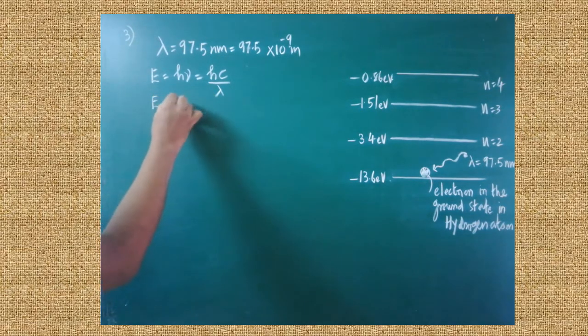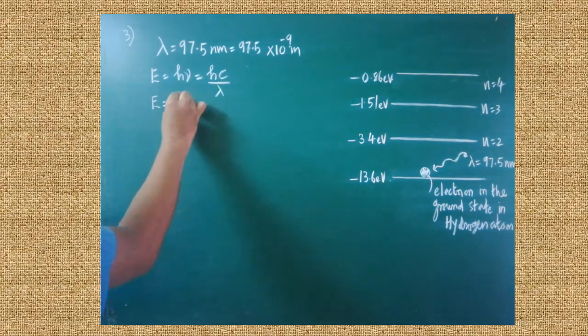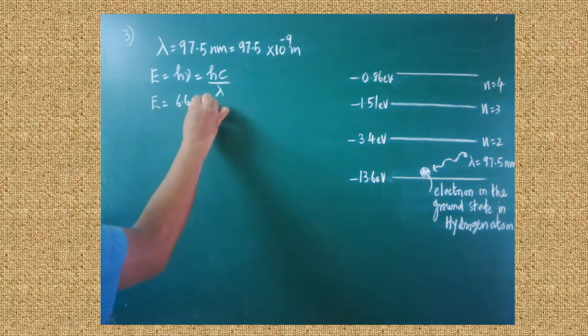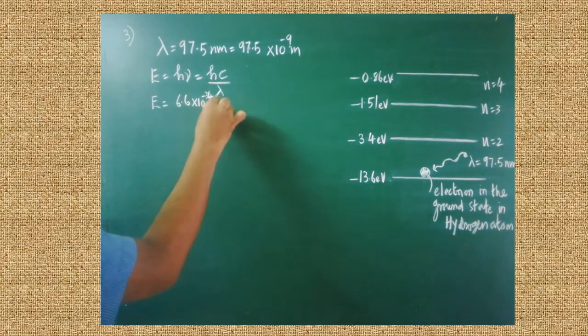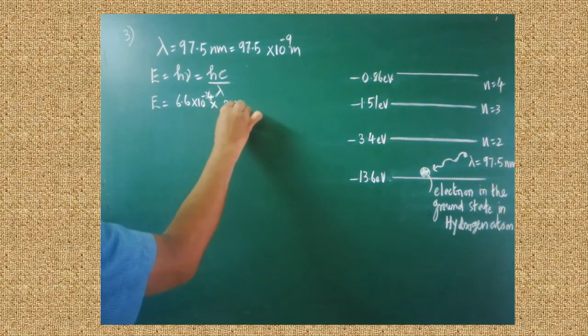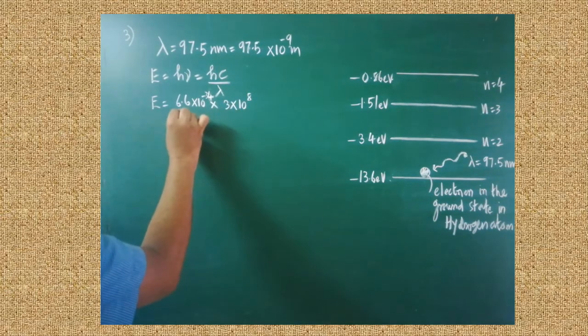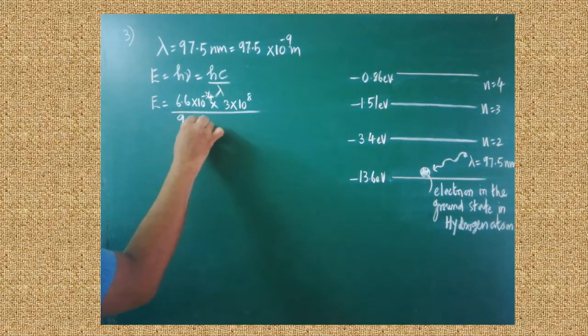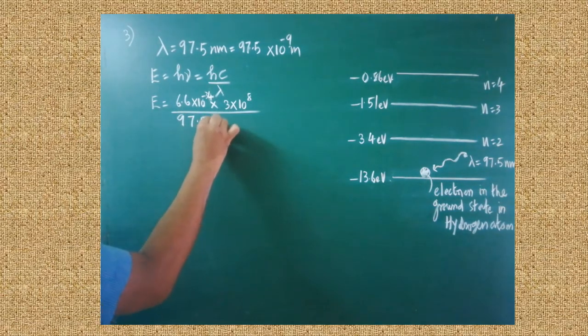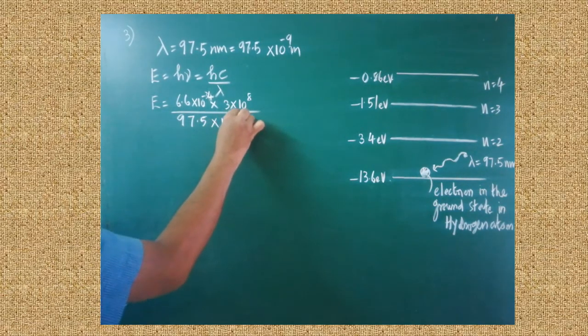The next step, h must be substituted. 6.6 into 10 to the power of minus 34, and then into the c value 3 into 10 to the power of 8, whole divided by the lambda value 97.5 into 10 to the power of minus 9.